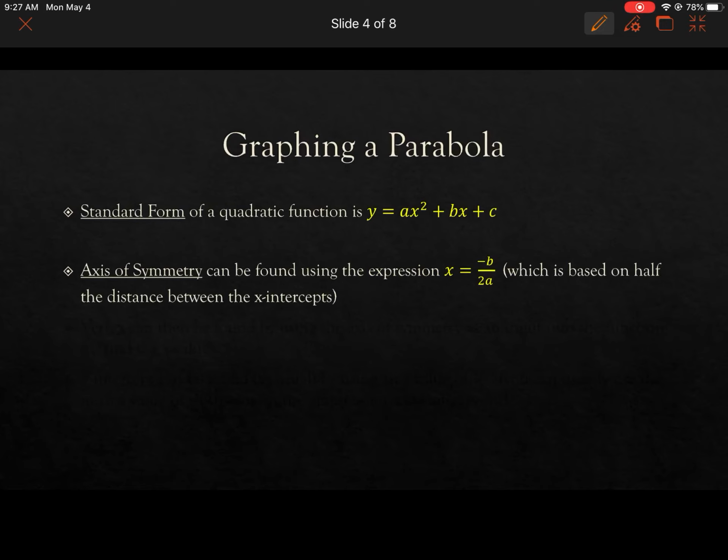We can actually determine, without having to make a table, where that line of symmetry, that axis of symmetry, is located, and we can use this expression of x equals negative b over 2a, using the b value here and the a value here, and that would actually tell us where that line of symmetry is.